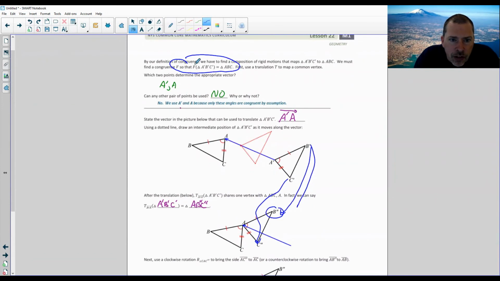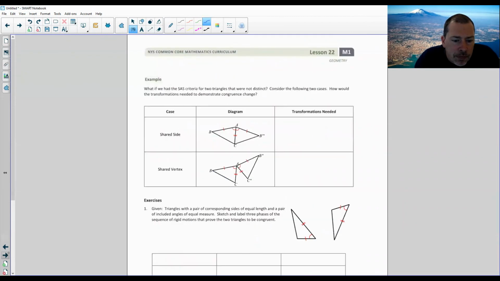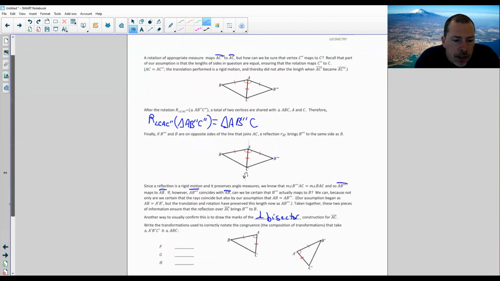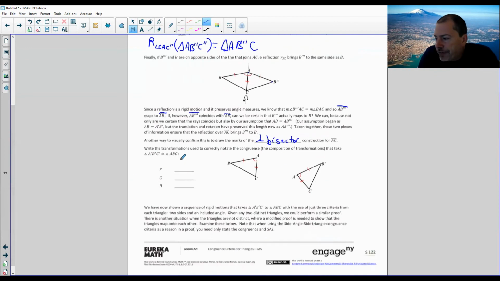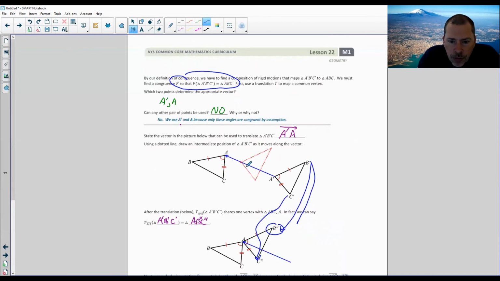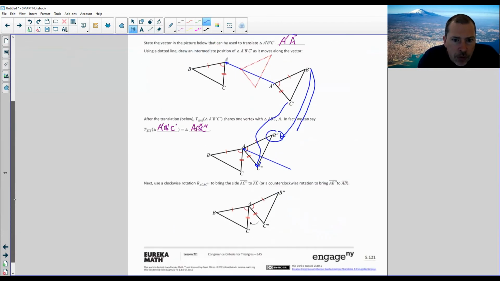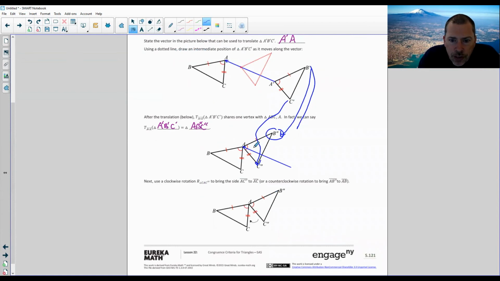They're calling it a function F, triangle A prime, B prime, C prime equals triangle ABC. Okay, so F, the first thing that we did was a translation. So it was this translation. So we went from here to here.